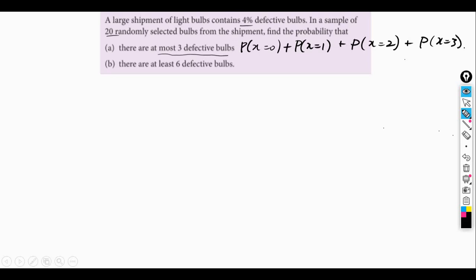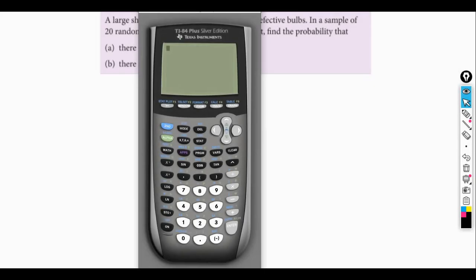Okay, so I'm going to show you how to do this on the GDC. So for this, we go to second distribution, and then we scroll down to B, and notice that it says binomial cumulative distribution function. So we hit enter, and again in these old calculators, first we put the number of trials, which in this case is 20, because there's 20 randomly selected bulbs, then comma, the probability of success, which is 4%, so 0.04, comma, and then third, we're going to put the upper limit of this, and because we're accumulating 0 plus 1 plus 2 plus 3, the upper limit would be 3.